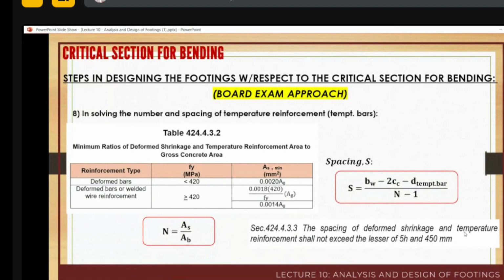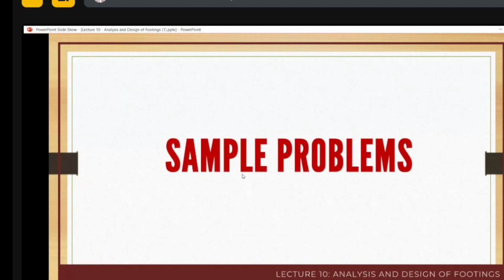And the spacing for shrinkage or temperature reinforcement shall not exceed the lesser of 5 times the total depth of the footing, or 450 mm. So it should not exceed 5 times the total depth.